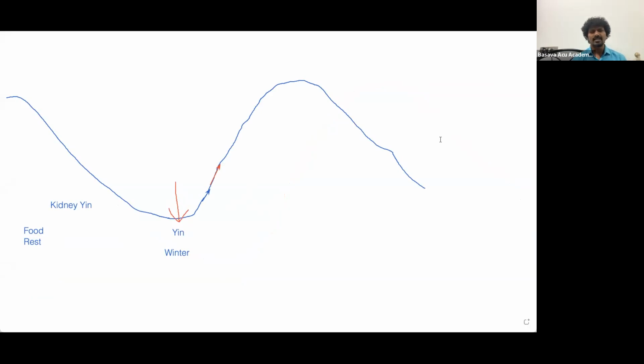Because if you touch the negative peak, then only the yang will rise. Otherwise, the yang won't rise.